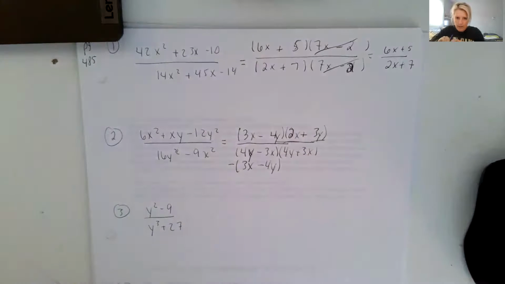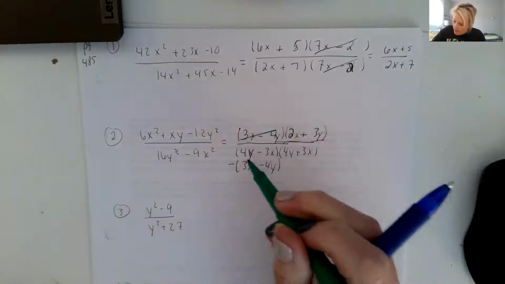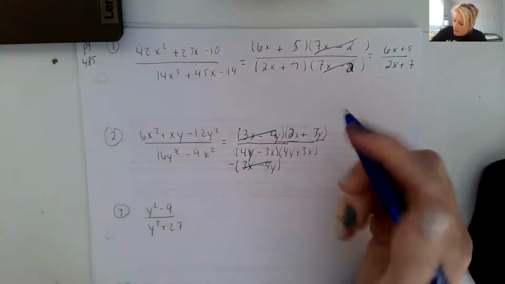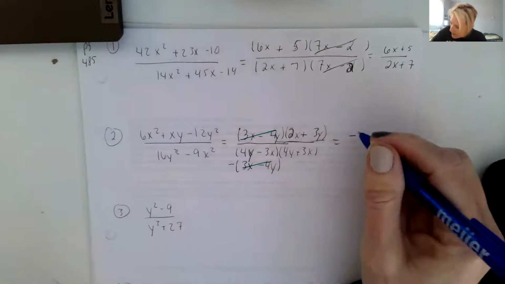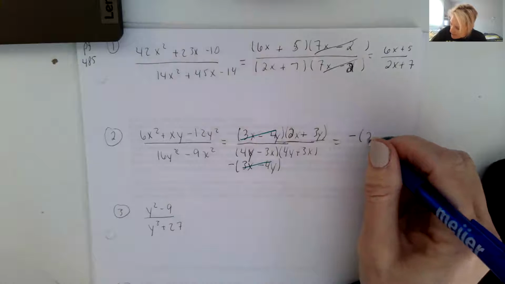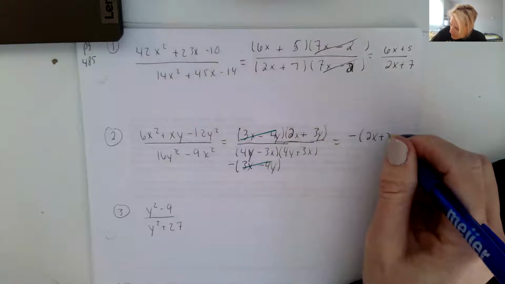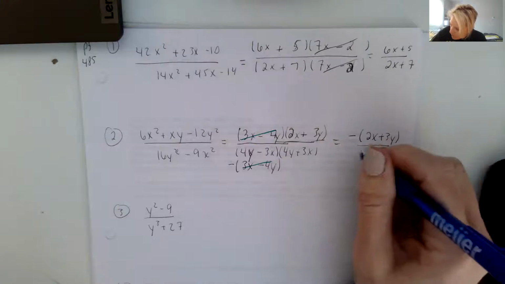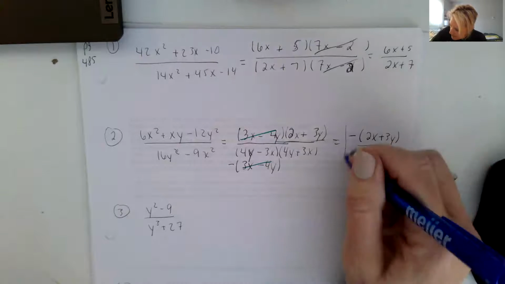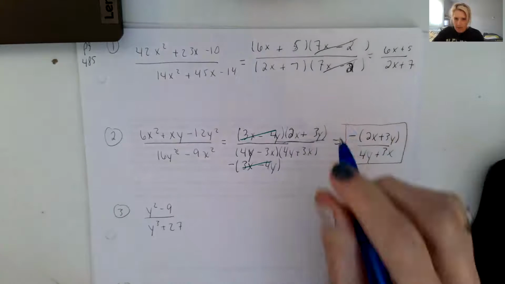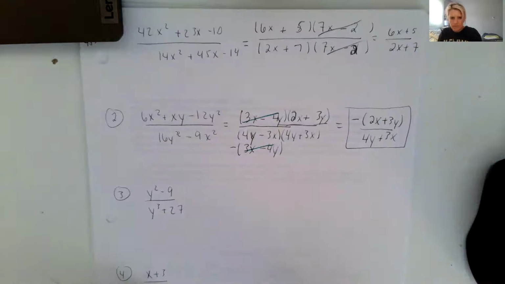So then this and this cancels. So we're left with a negative, just our little negative hanging out. And then we've got 2x plus 3y over 4y plus 3x. I think that's all there.